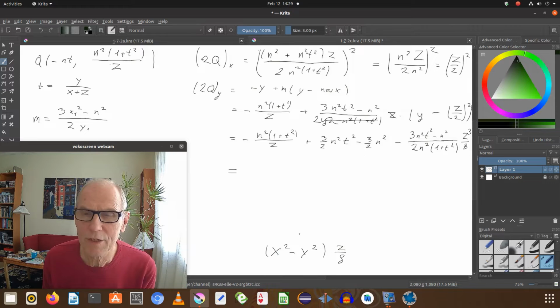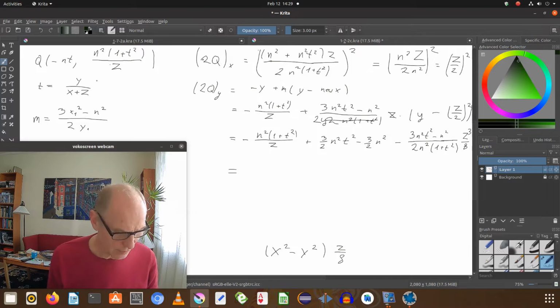So we need to eliminate t, and we have t here. So t plus 1 as x plus y plus z plus y divided by x plus z. Oh, t squared. We'll just do that.